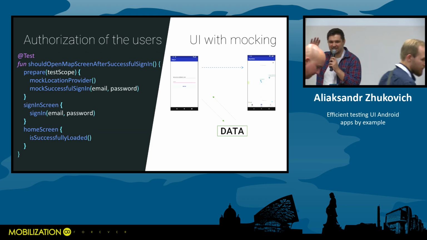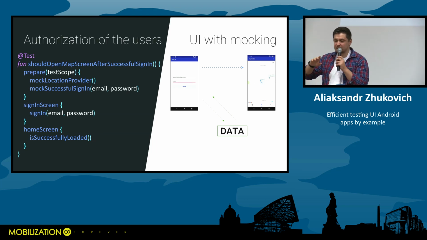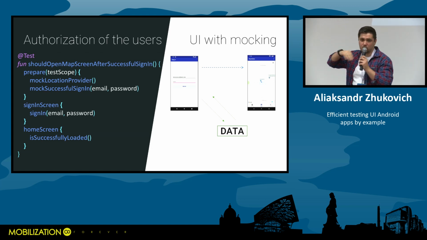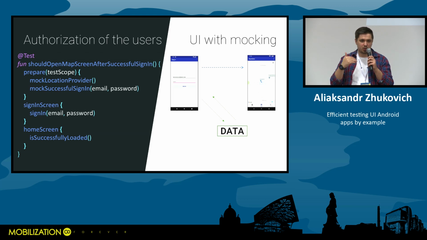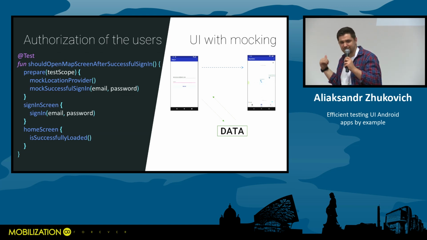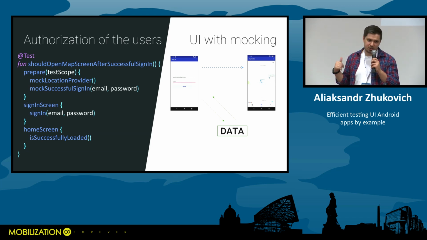Here we have a pretty nice DSL with one prepare method, which mocks a lot of objects. The real problem in tests is that really often you have a lot of mocks before some class, and this approach can somehow solve this problem.